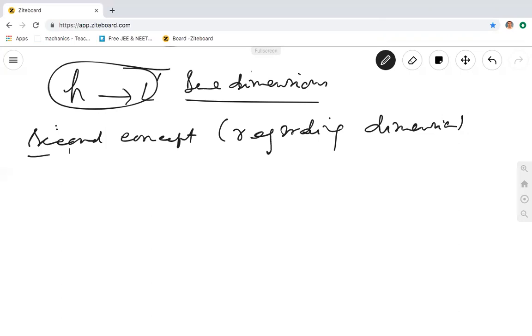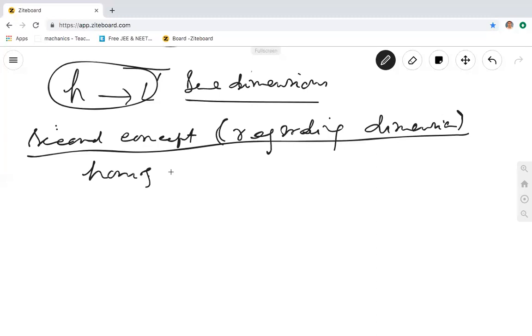It's a very important concept, and by this you can solve many problems. Even in general physics, if you apply this concept, many things become very clear, and you can answer so many questions on physics by this concept. Homogeneity of equations.